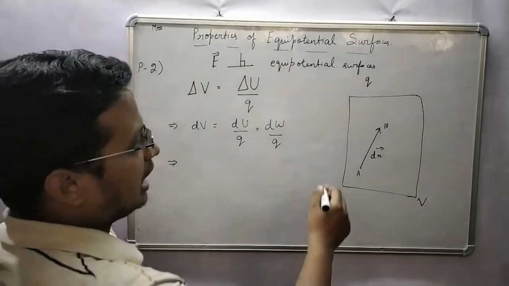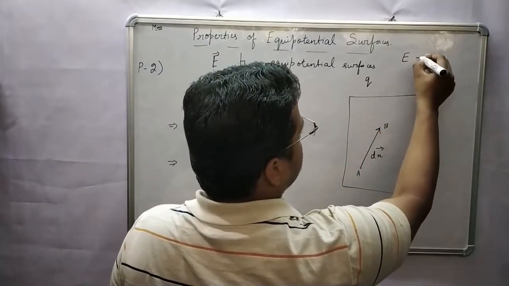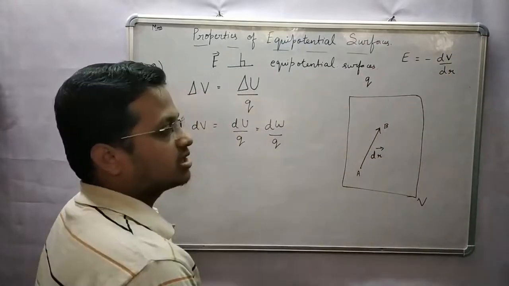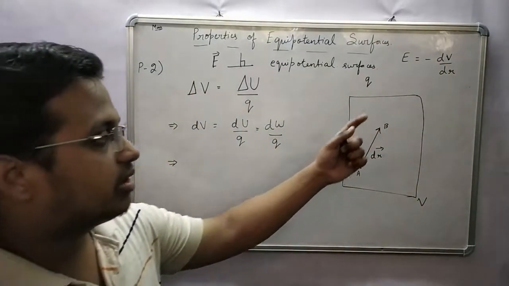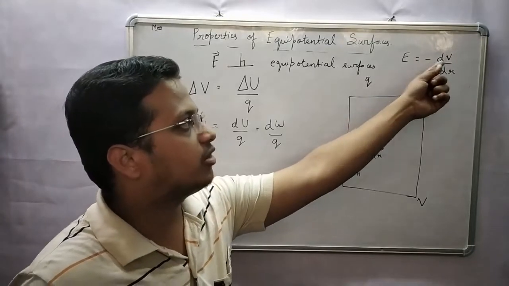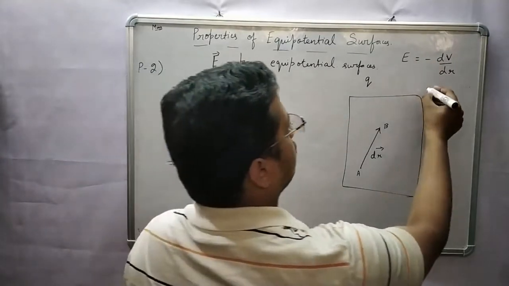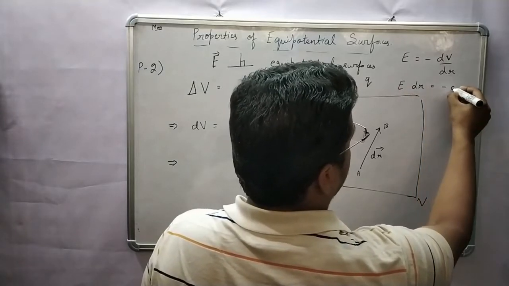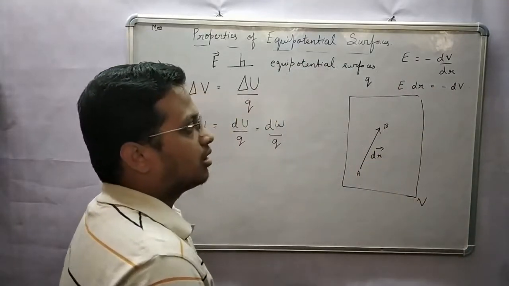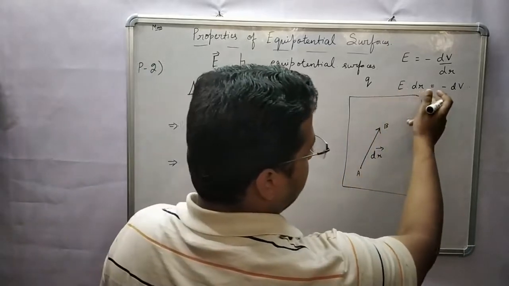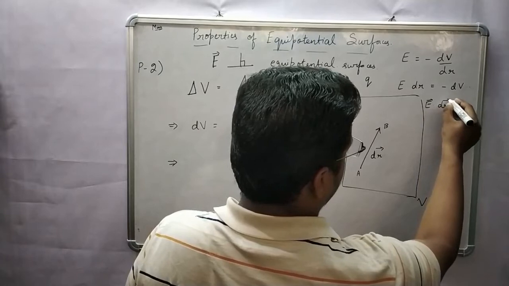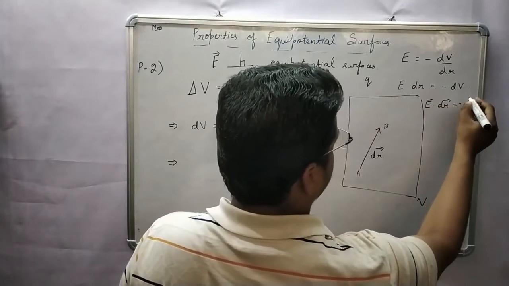Now, as you know, electric field is equal to minus dV by dr. We have already established this relation. Electric field intensity is the negative of the potential gradient. So we can write E dr is equal to minus dV, or seeing the direction of E and dr, E dot dr is equal to minus dV.